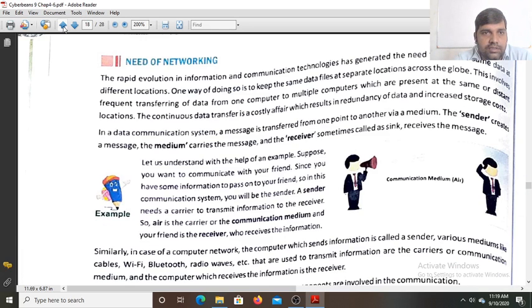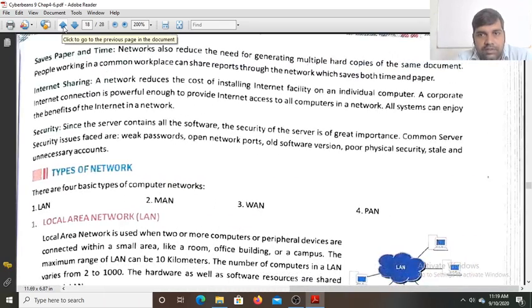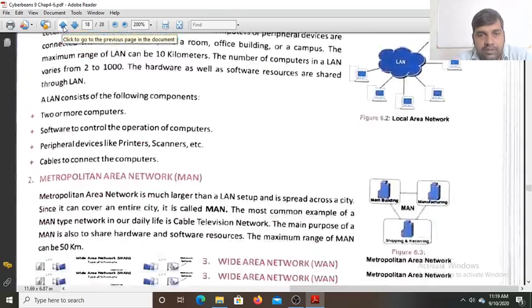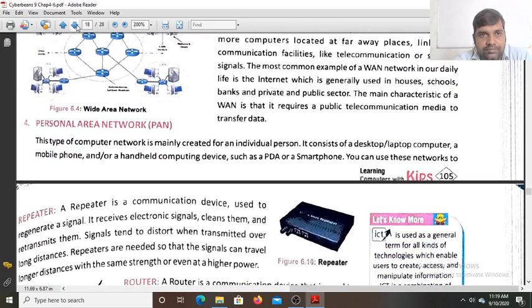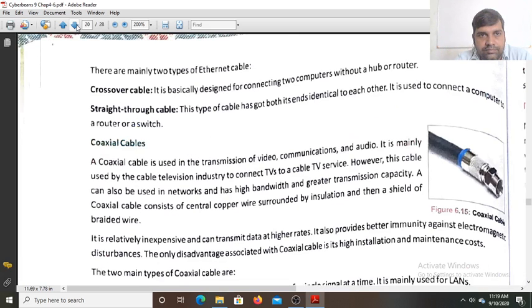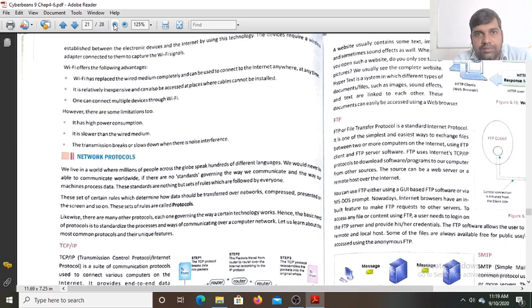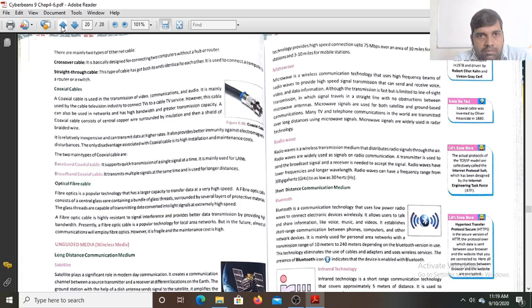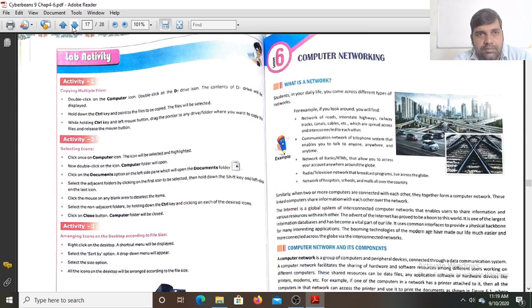Just a minute. Okay, that is the computer network, same.